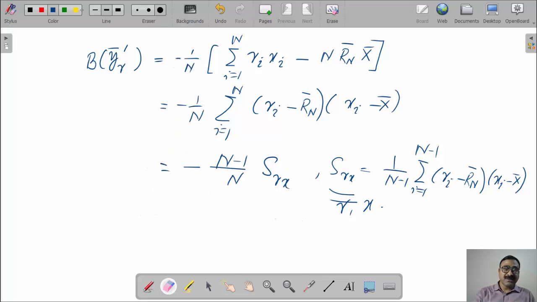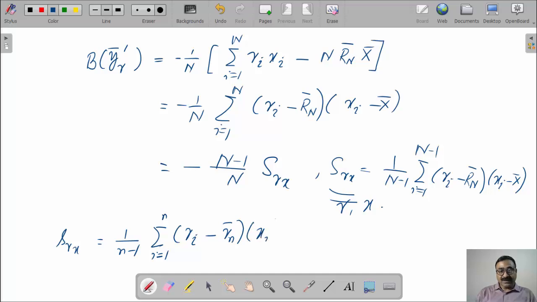Now if you define small s_rx, that is equal to 1 by n minus 1 summation i equal to 1 to n of ri minus Rn bar into xi minus x bar, that is equal to n by n minus 1 times y bar minus Rn bar x bar.